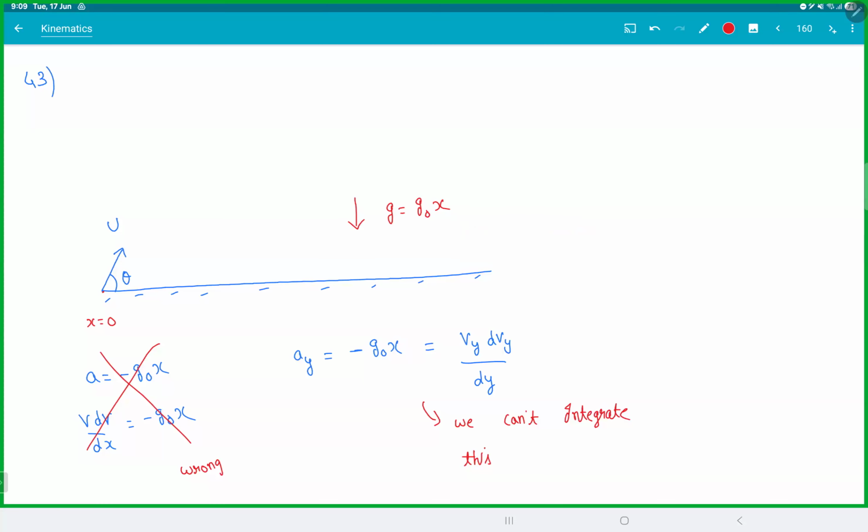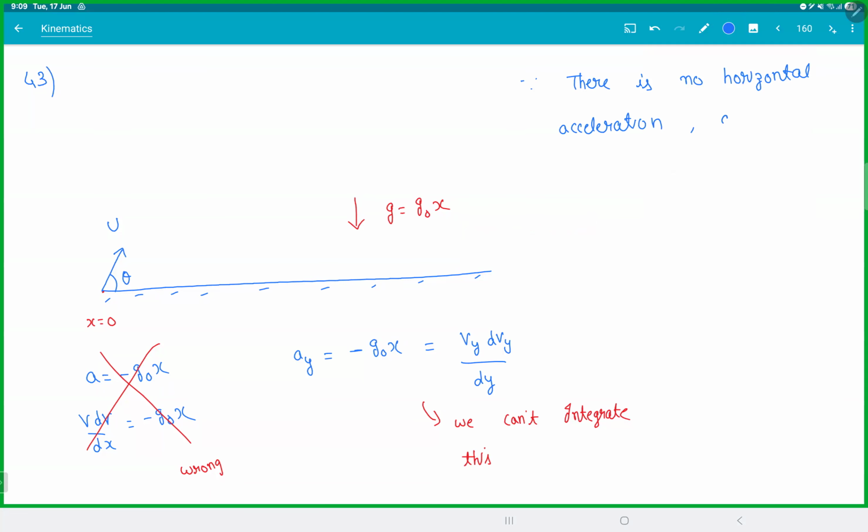There is something constant. What is that? Horizontal velocity. If you see here, there is no horizontal acceleration. Since there is no horizontal acceleration, the horizontal velocity will remain constant.